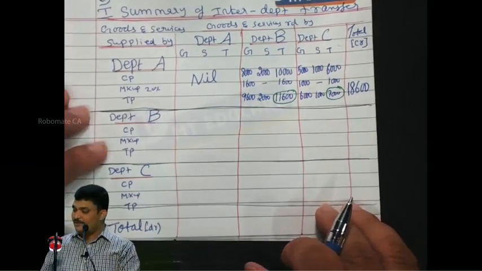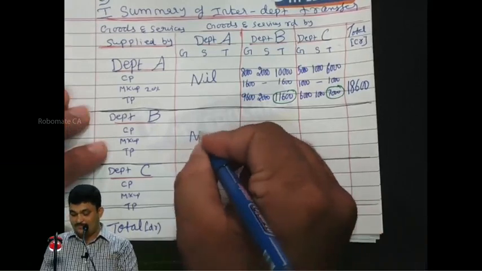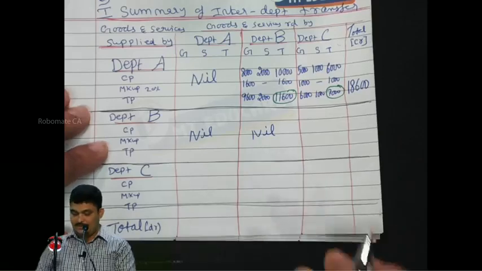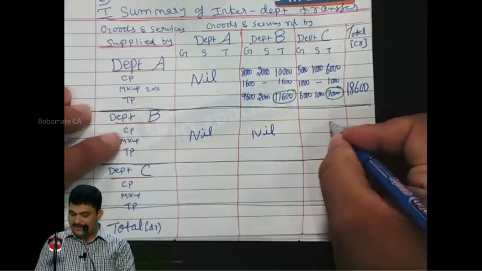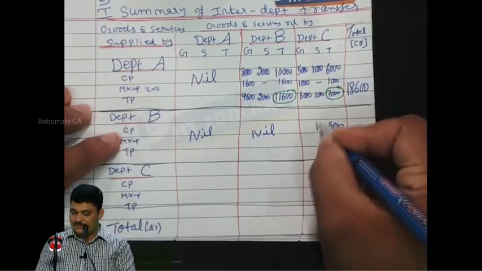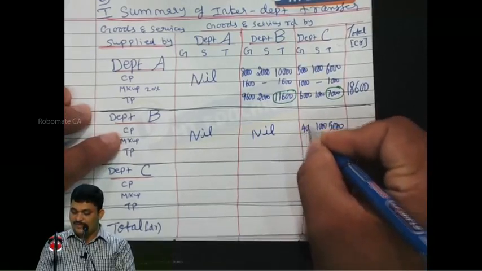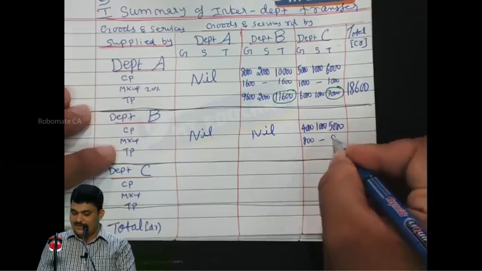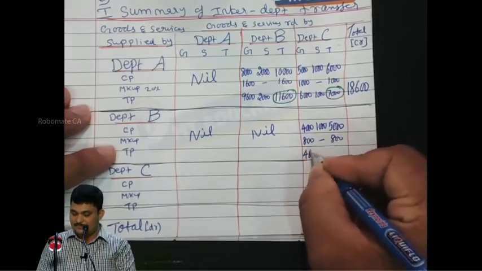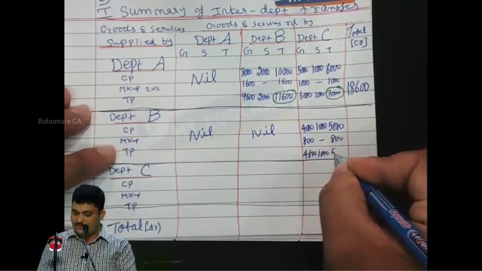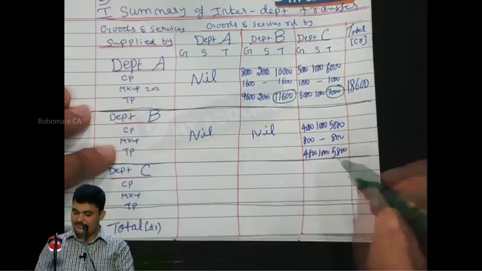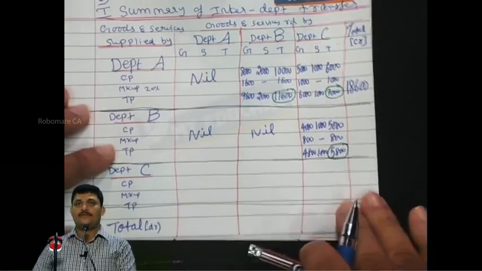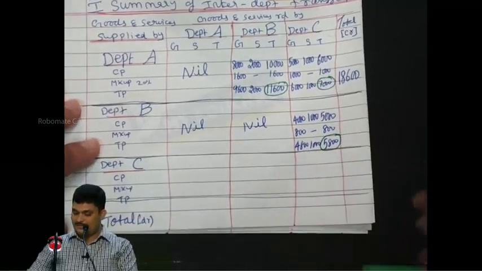Similarly, B to A. B to B, nothing. Now it is 5,000, less 1,000, 4,000, plus 800 margin, plus 1,000 service, 5,800. So we require only 5,800.